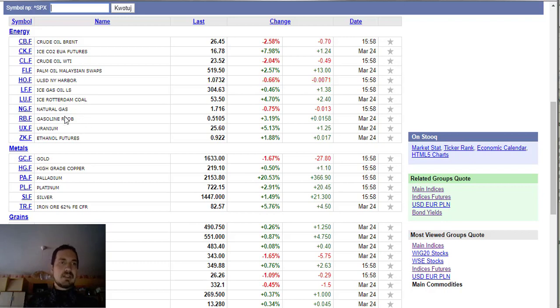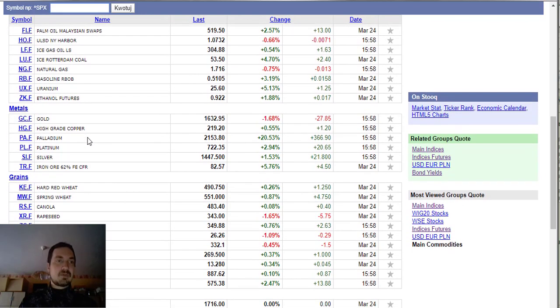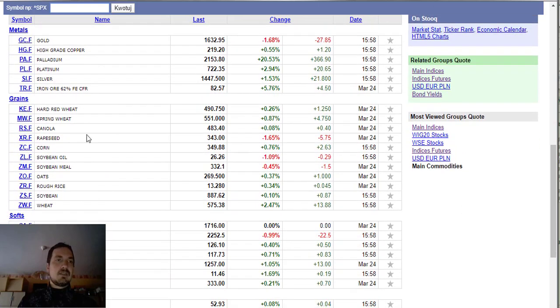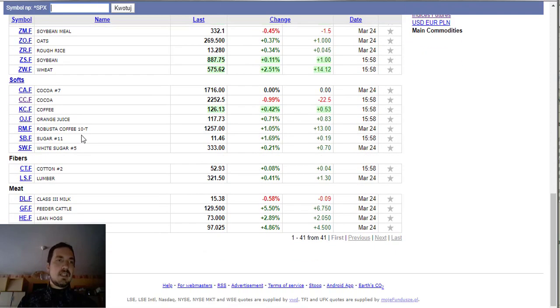We can find many different things here: natural gas, for example, coal, gasoline, even uranium, ethanol, and also data for different metals, and grains. Cocoa. Oh, there are two different cocoas. Nice. And also orange juice, for example. Mostly what we can standardize at some level, then even milk we can find here.